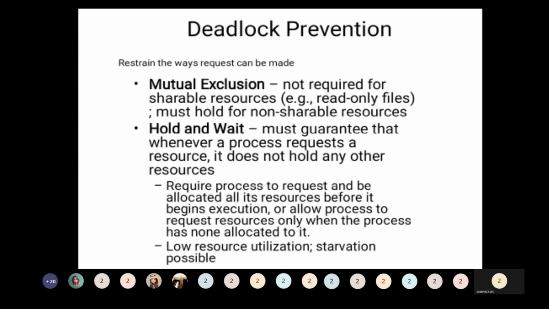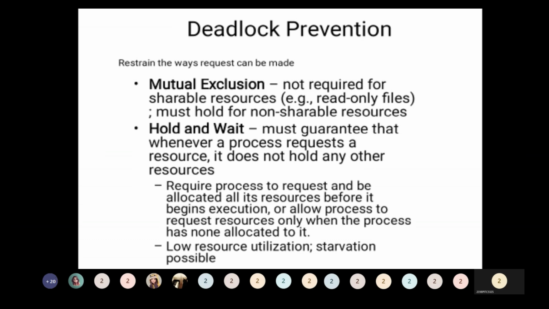Now we will see the methods one by one for handling deadlocks. The first one is deadlock prevention. Deadlock prevention can be achieved by restraining the ways requests can be made. Whenever a process requests a resource, we follow some ways so that deadlock will not occur. Let's see what the ways are.